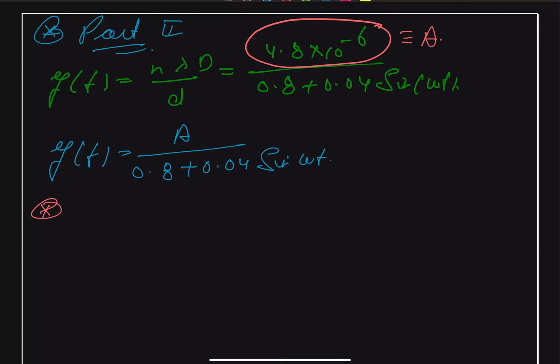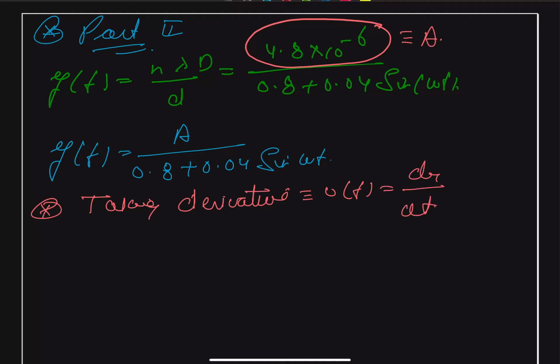Taking the derivative, we get v of t equal to dy upon dt.